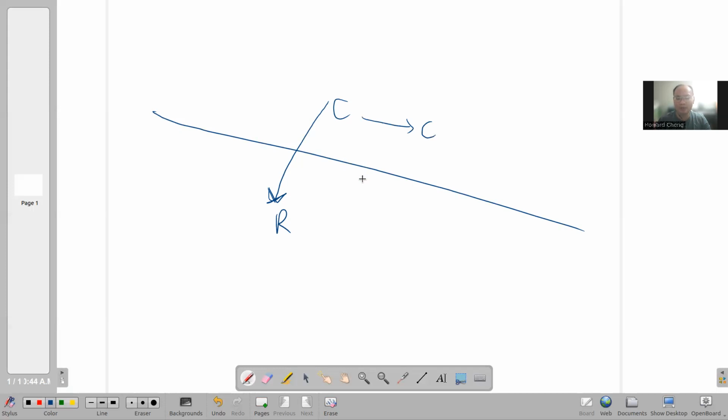Okay, so what if there are more streets? There's another street here. Well, of course, when you cross this, you have to switch. But when you're going here, you're not crossing this one now.